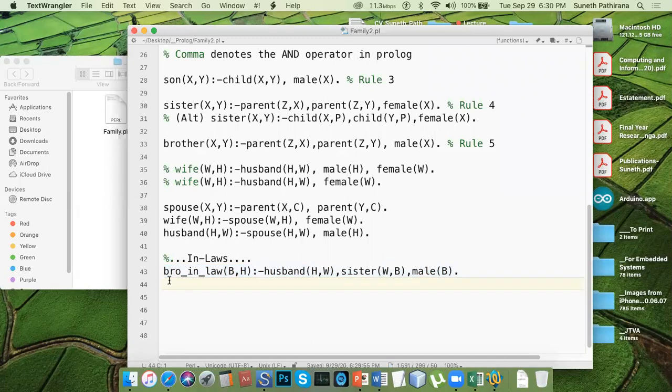So there can be another scenario, brother-in-law. How is it possible? Brother-in-law can be for the wife. So again, we take brother-in-law. This time it can be the husband's brother.